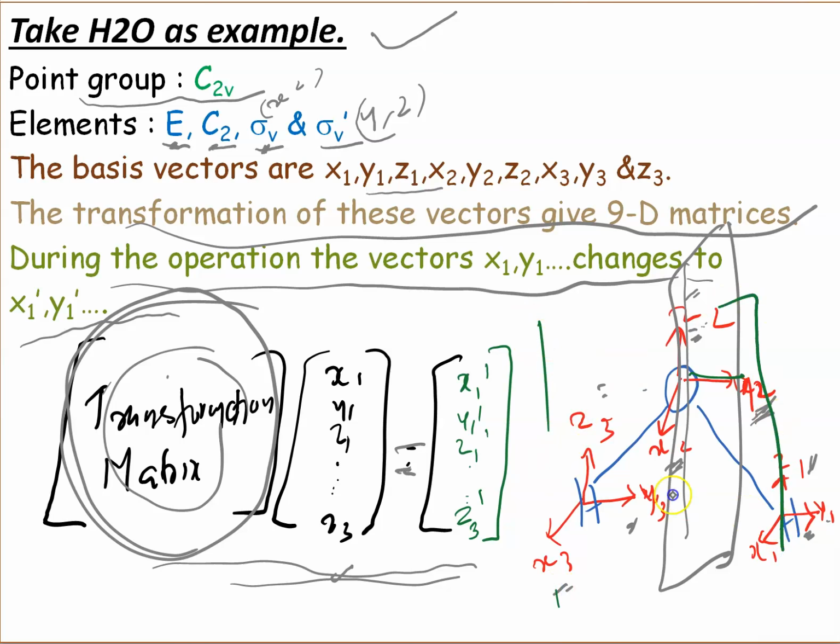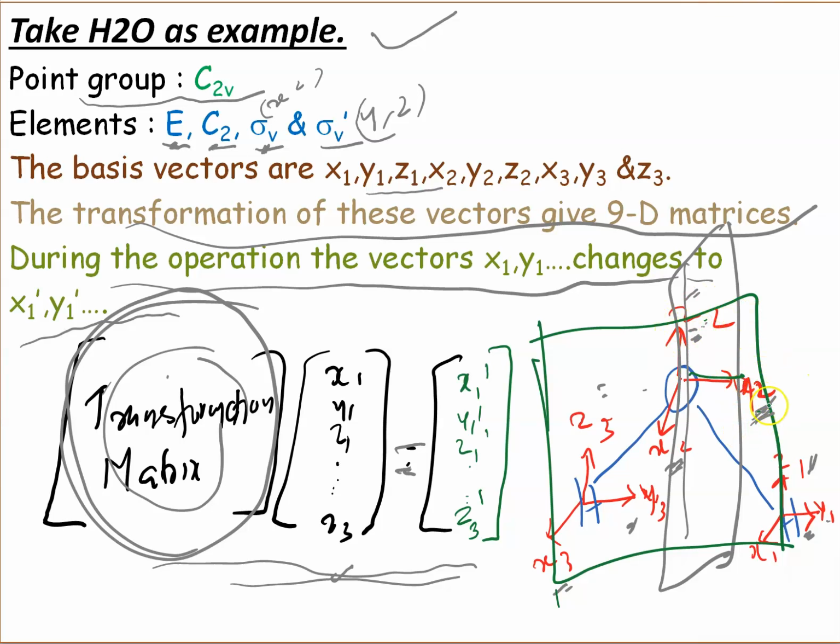Therefore, this is the molecular plane. Okay, so all the vectors, their positions are retained. All the vectors' positions are retained, so all contribute to the character. And for the YZ plane, Y and Z, their position and direction will not change because they are in the YZ plane.